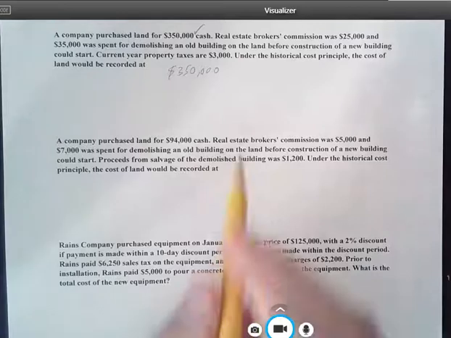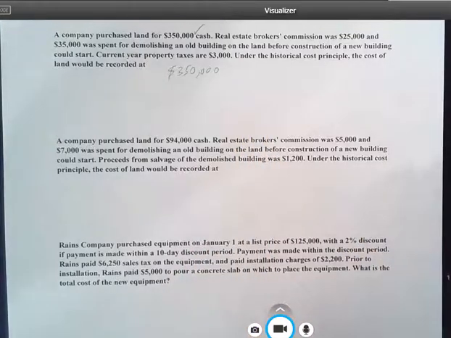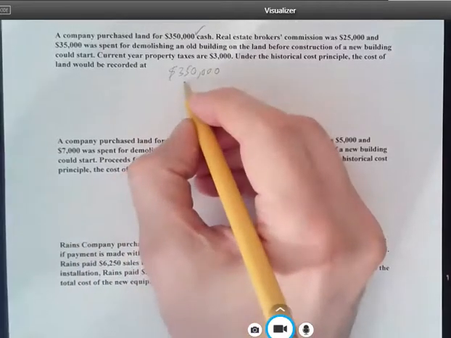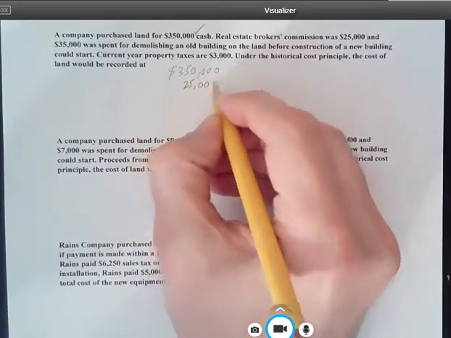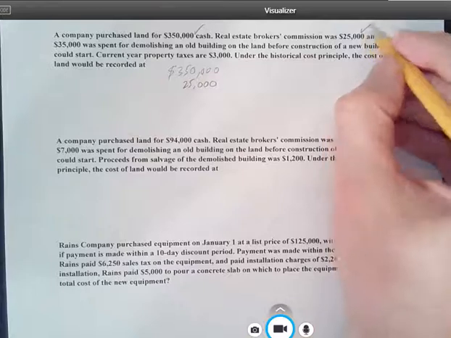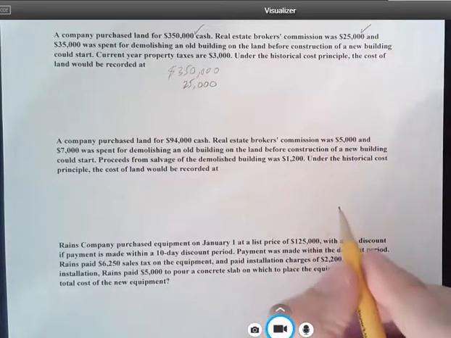It says real estate broker's commission was $25,000. Well, it doesn't actually tell us who is paying this real estate broker's commission. That is usually paid by the seller, but we're going to assume that it's paid by the buyer, because if it is paid by the buyer, this is definitely a cost that we want to consider.